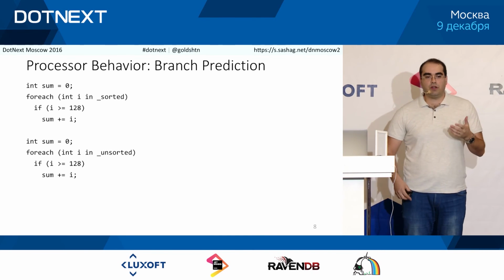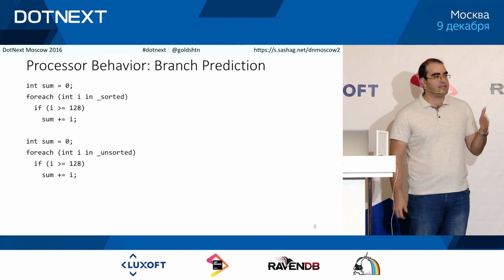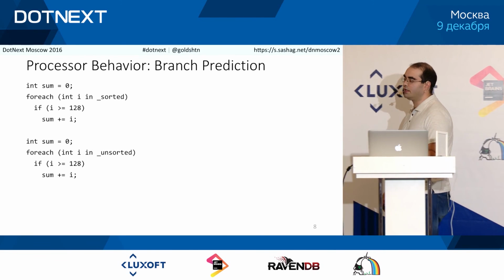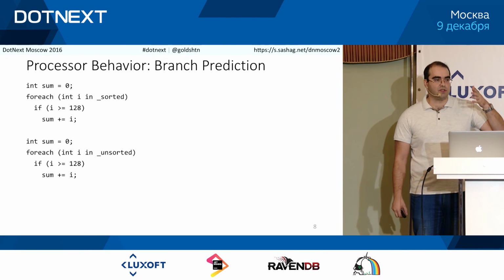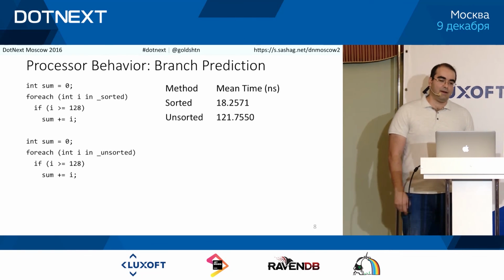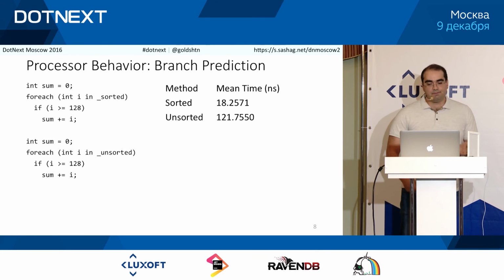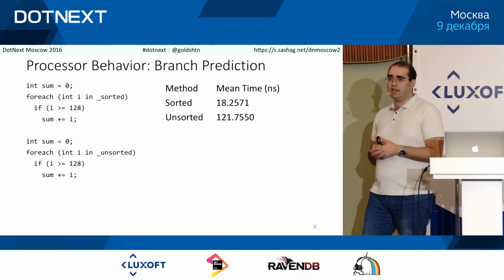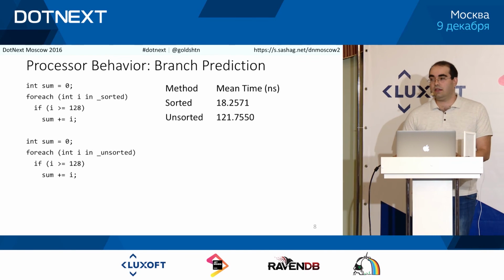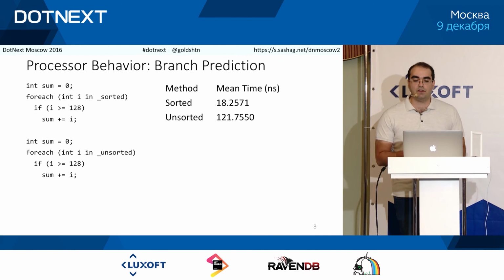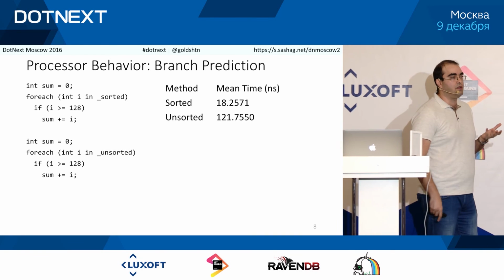In the first, we're working with a sorted array, and in the second, we're working with an unsorted array. And we're only benchmarking the actual loop, not the sorting, obviously. And the results actually look like this for a pretty big array. So it's indeed 6 times faster. In fact, it's a little more than 6 times faster to process the sorted array.